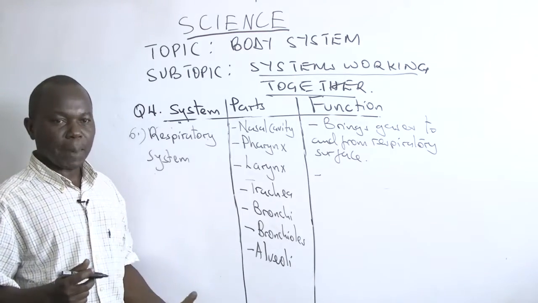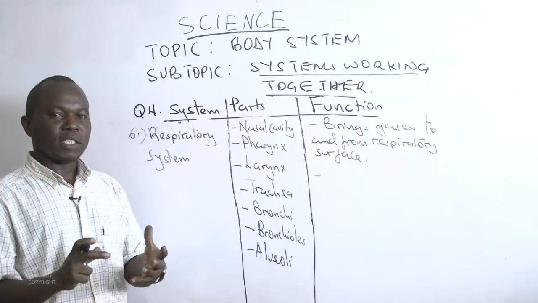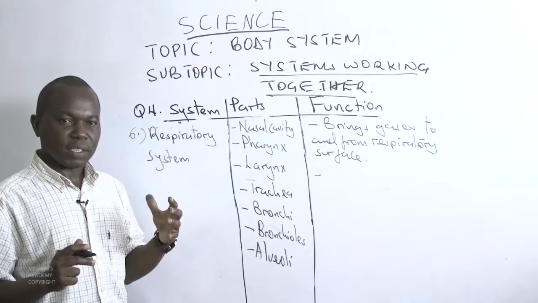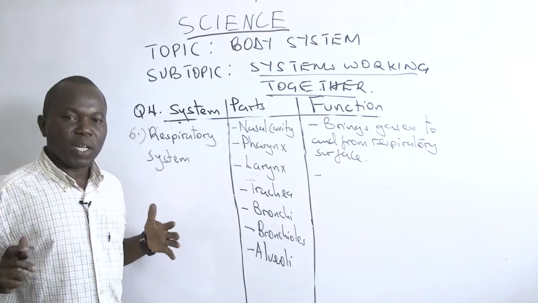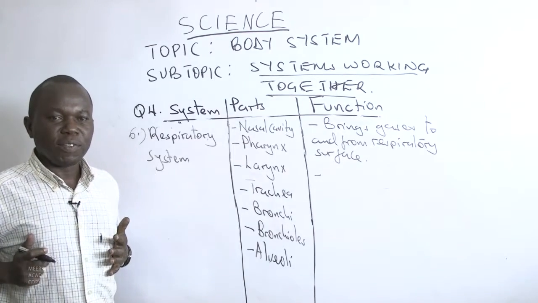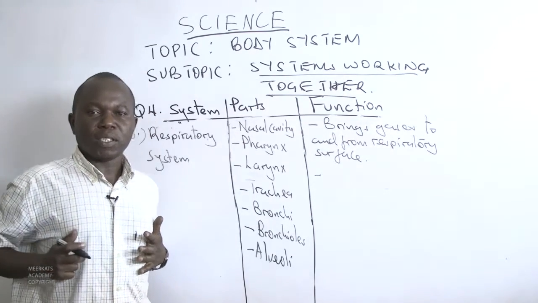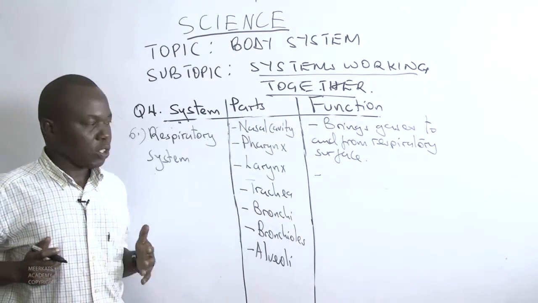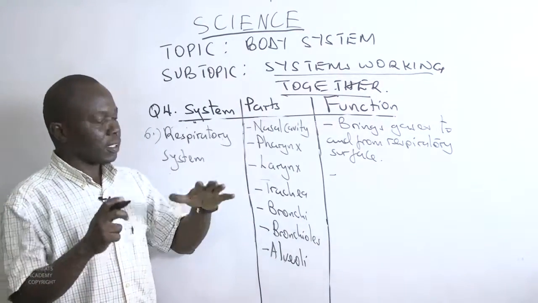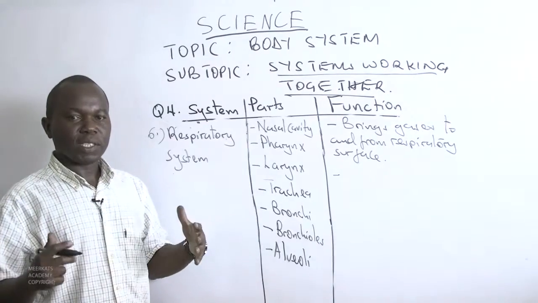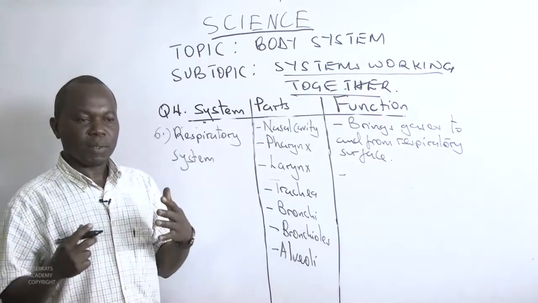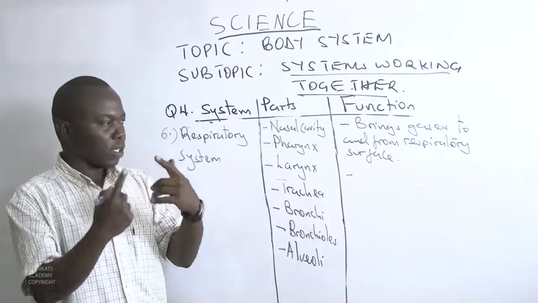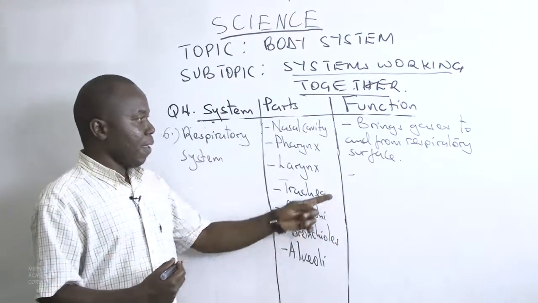We know how this happens, through change in volume and pressure in the chest cavity. So we were able to do that illustration: if you held your rib cage and then breathed in and out, you realize that there are changes in volume of the chest cavity, which bring about change in pressure to allow inhalation or exhalation.